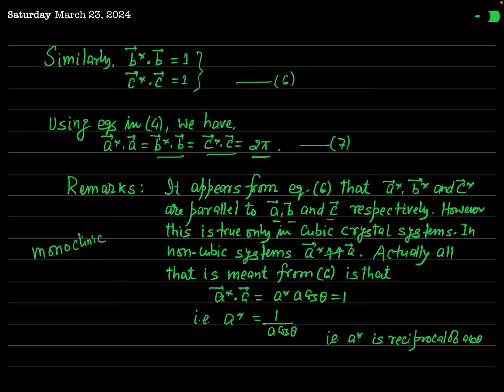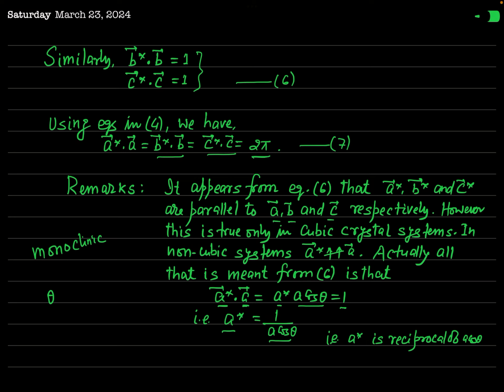Okay. So when you say that A star dot A is equal to 1, that means what? That actually means that A star dot A is equal to A star times A cos theta, where theta is the angle between A star and A. Okay, and this equals to 1. It means definitely this A star is the reciprocal of the projection of A along A star.